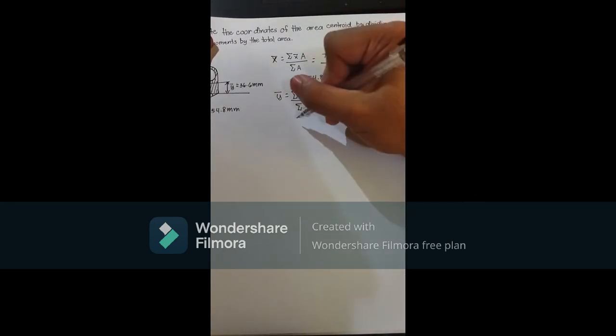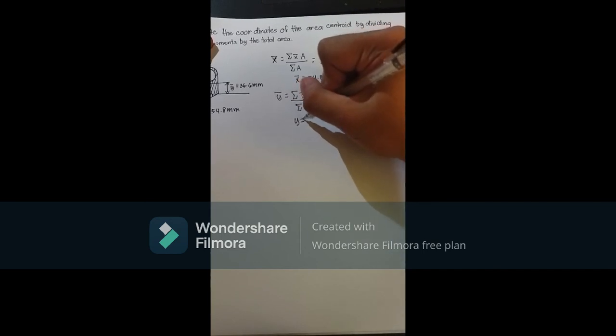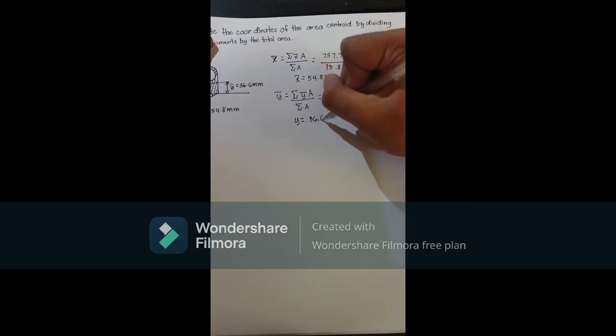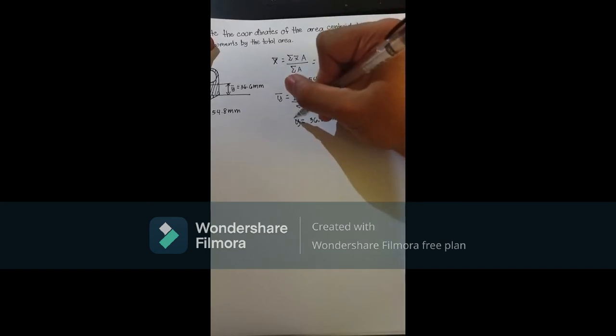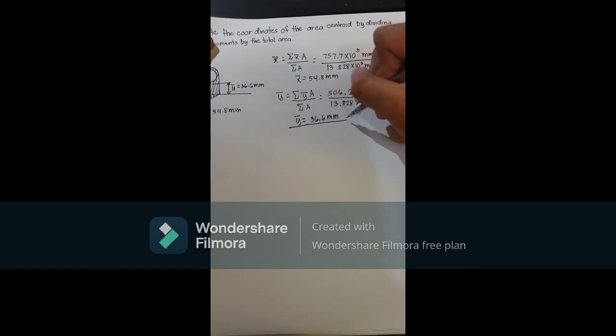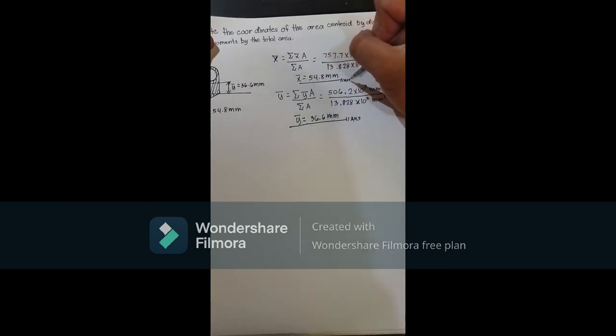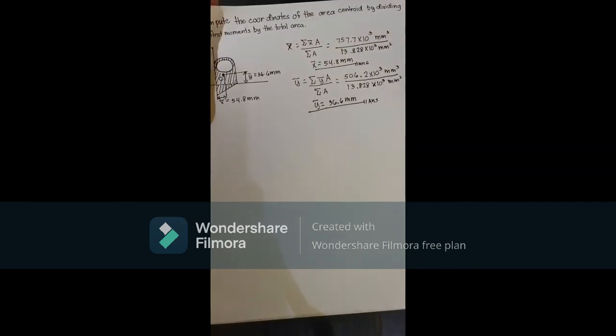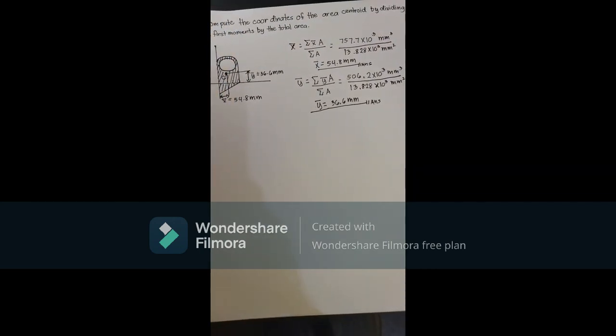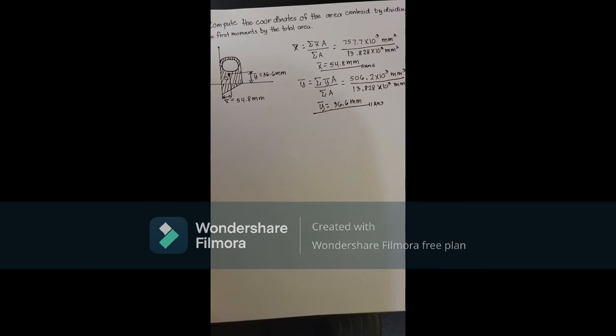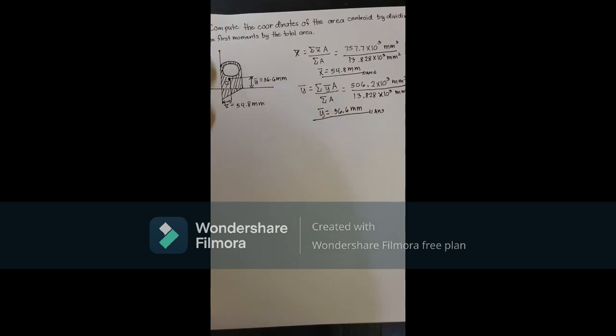So we're going to divide, and y is equal to 36.6 millimeters. This is what I mean. I will just put the table on the video, and you will just identify the given and solve for the centroids of the area.